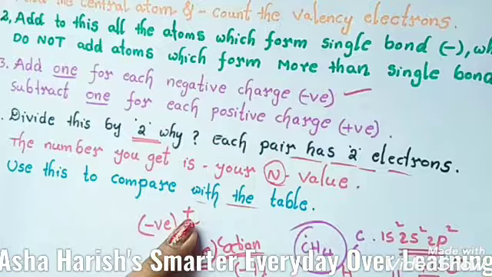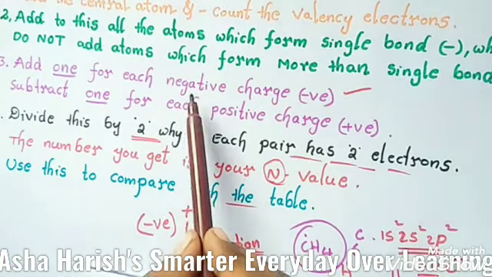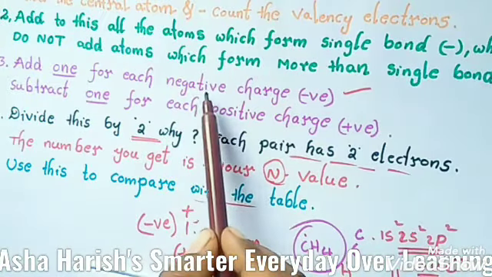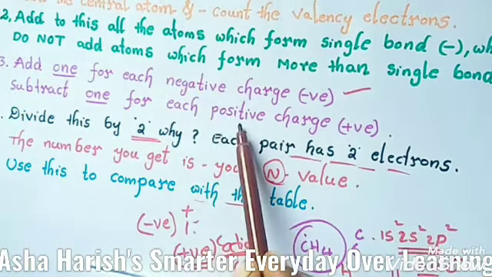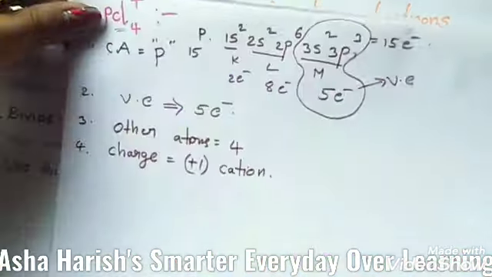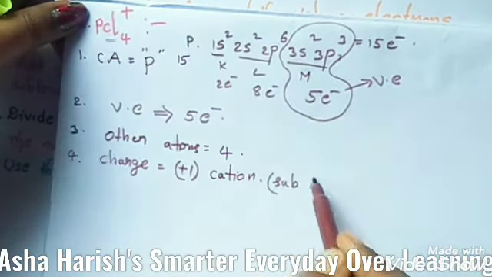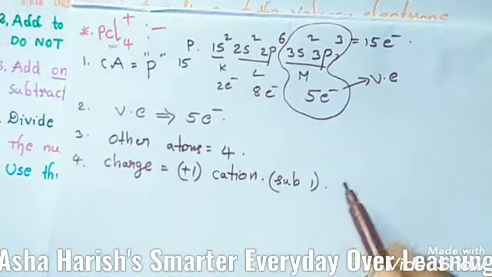Again, you have to see the rules. If it is a negative charge, it means anion; if it is a positive charge, you need to subtract 1. So for this you need to subtract 1. Keep this point in your mind.